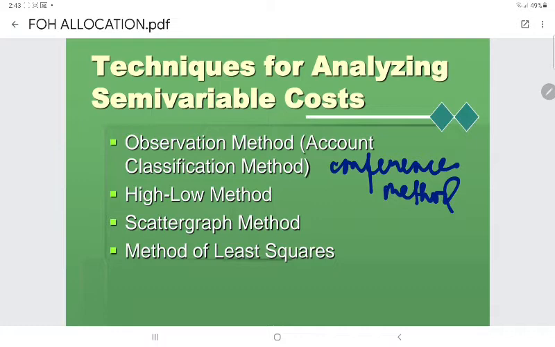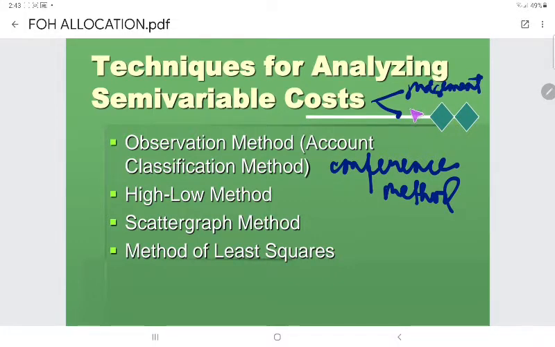Okay? We know that this one is can we divide into two only? Yeah, pwedeng. Ano yan? The observation method is based on the judgment. Diba?